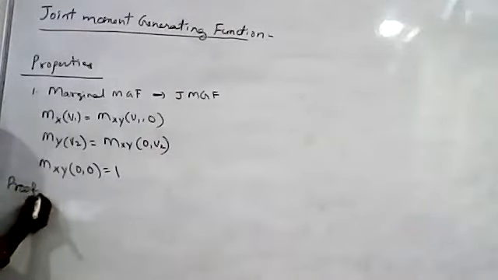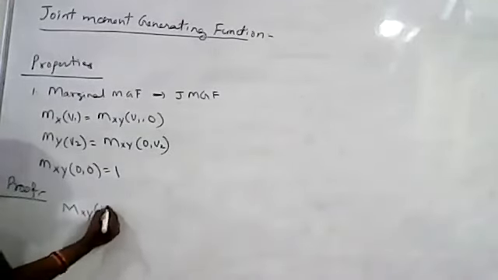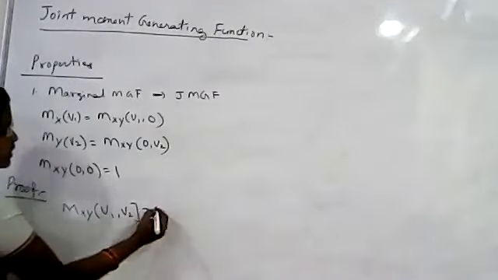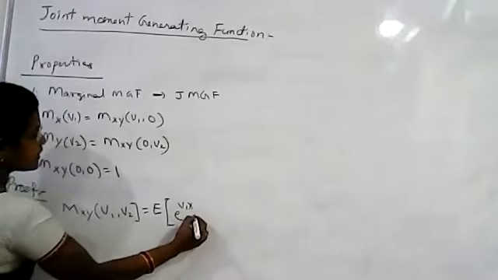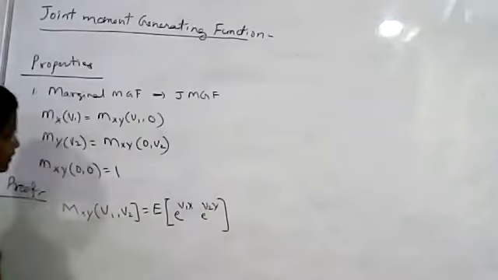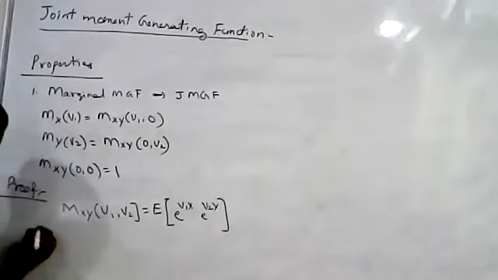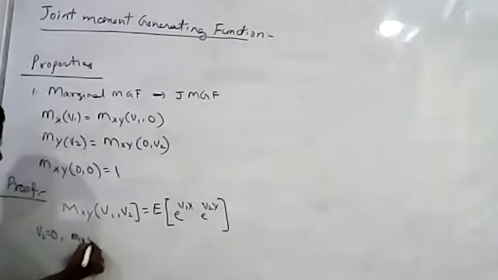You know that M_XY(v1, v2) is the expected value of e^(v1 X) times e^(v2 Y). This is the formula to find M_XY(v1, v2). Now substitute v2 equal to 0.